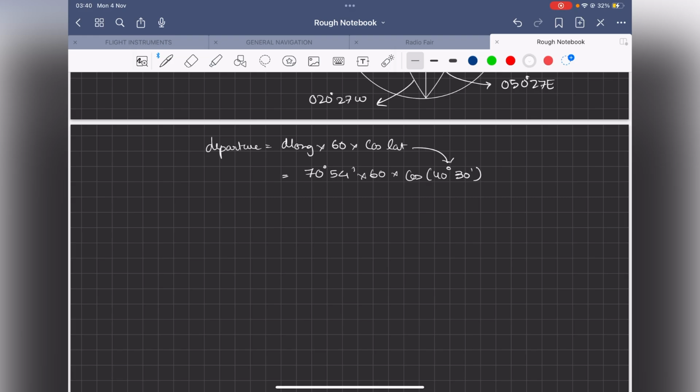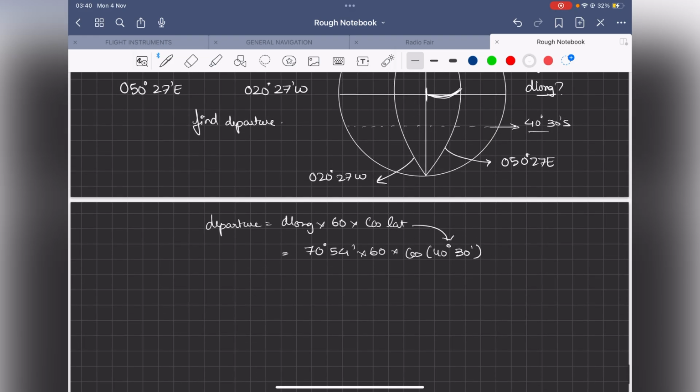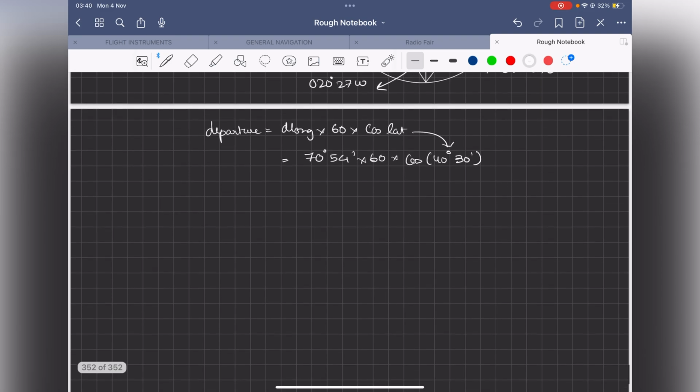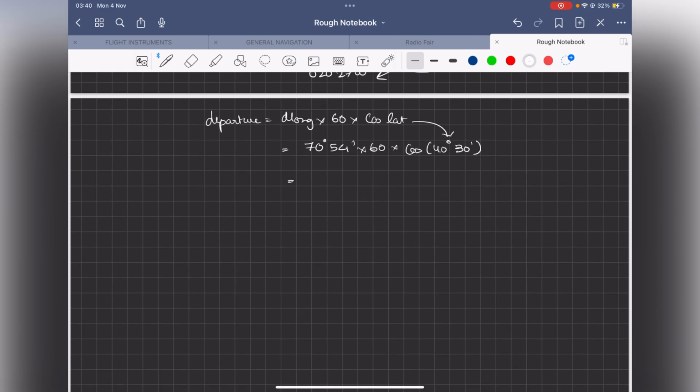This is the latitude I am at, isn't it? So what do I get? Precisely, when I put it in my calculator, I get 3234.676 actually, which is estimated to 3235 nautical miles.